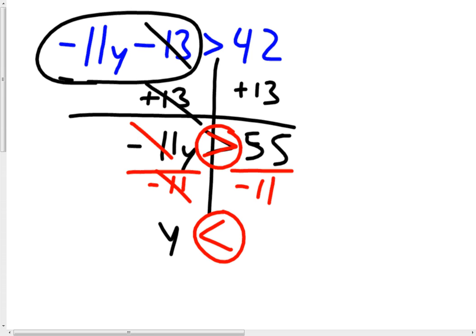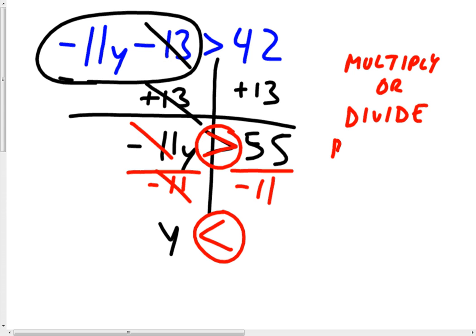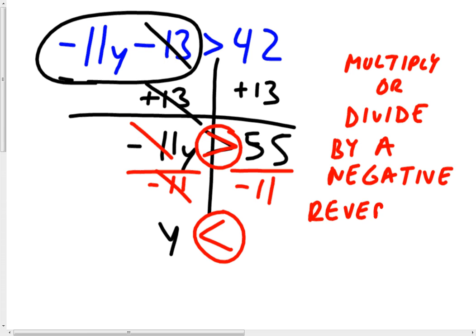If you multiply or divide by a positive, nothing changes. But if you multiply or divide by a negative, reverse the symbol.